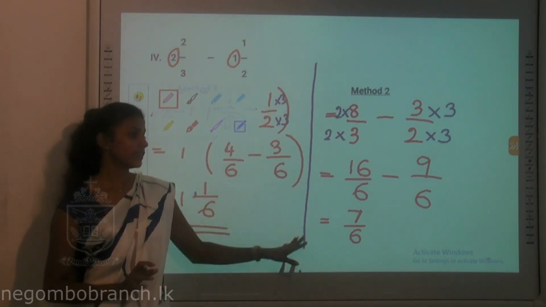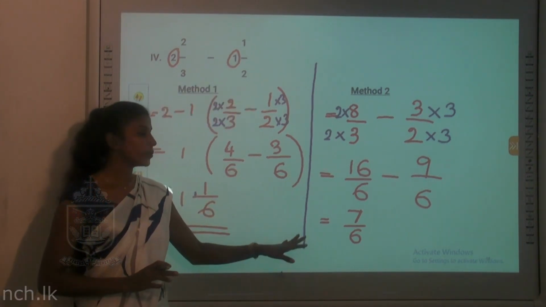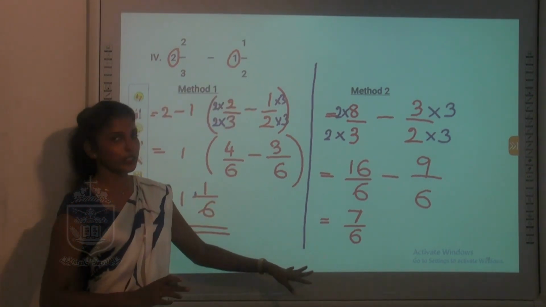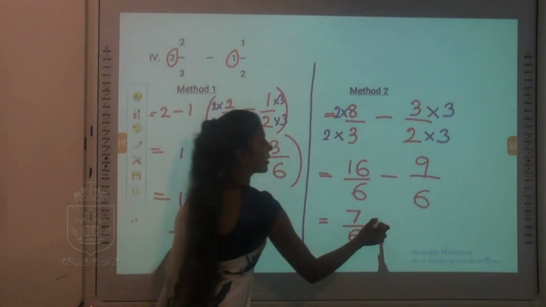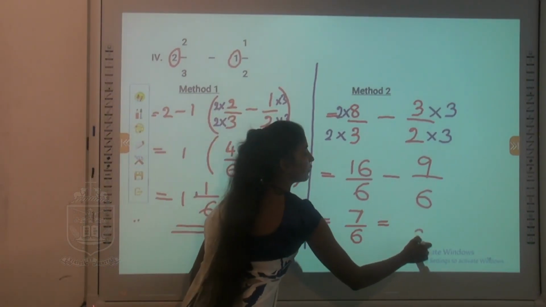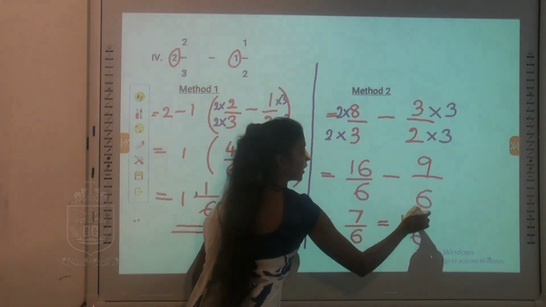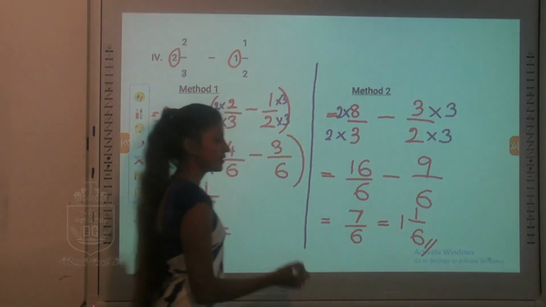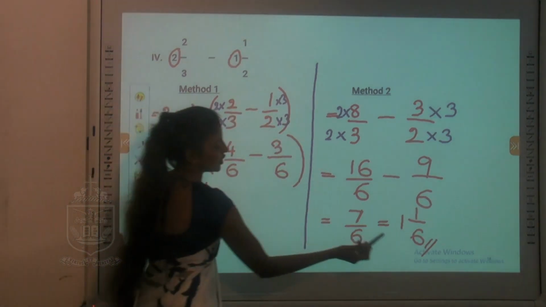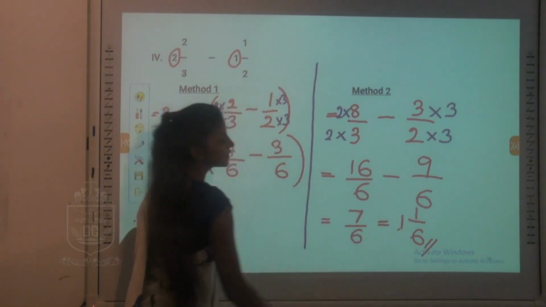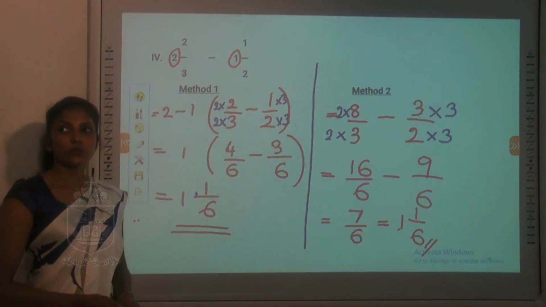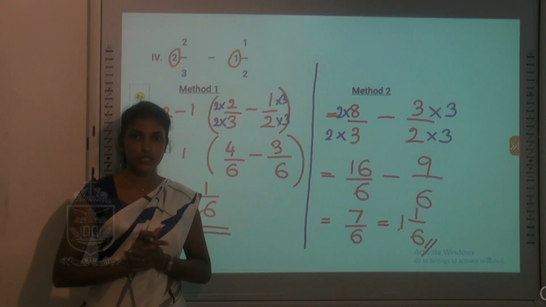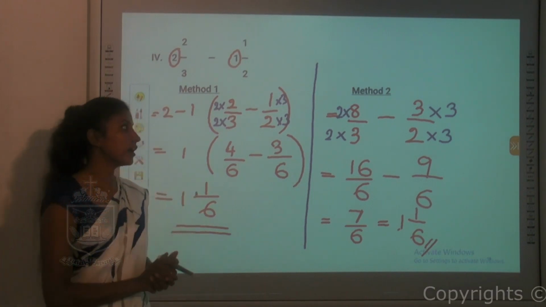So finally, you have to check whether it's proper or improper. If it's improper, you should know that you have to convert it into a mixed number. So it's improper, therefore you have to convert it into a mixed number. So you recheck your answer. 6 times 1, 6. 6 plus 1, 7. So that's how the addition and subtraction of fractions are.